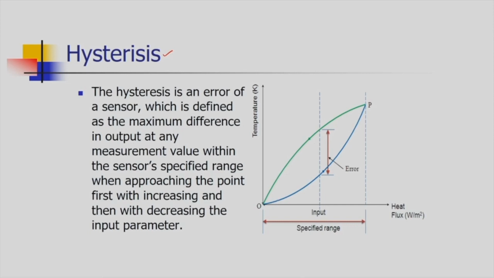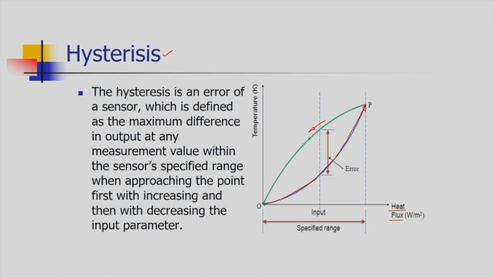a system which is showing an increasing trend when we apply a heat flux from O to P. But when we decrease the heat flux value, the temperature which was measured by the system is following a different pattern, a different way or a different path.